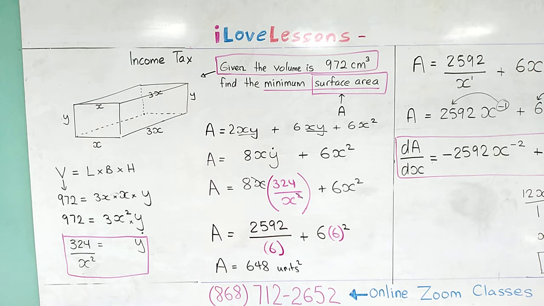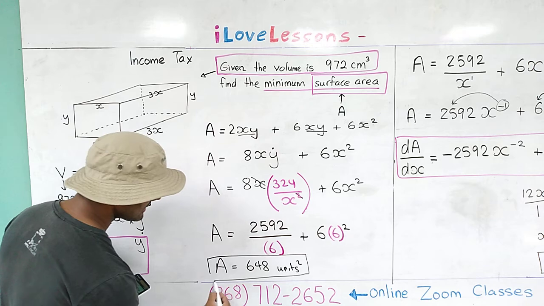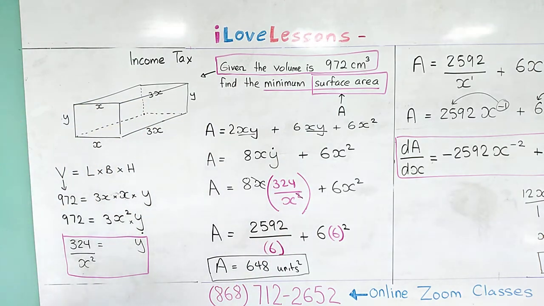Let's double check the camera here, guys. Sometimes it just goes. Alright, let's double check something. Yep, seems to be correct so far, guys. No problems here, and this is our final answer. This here is the minimum surface area.